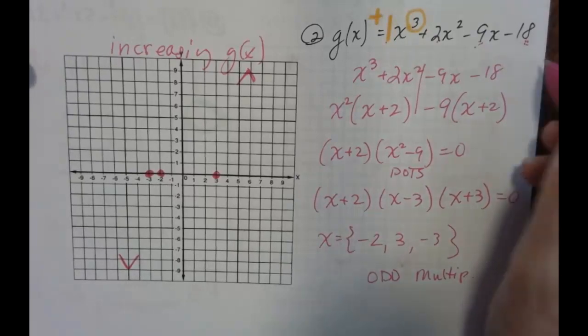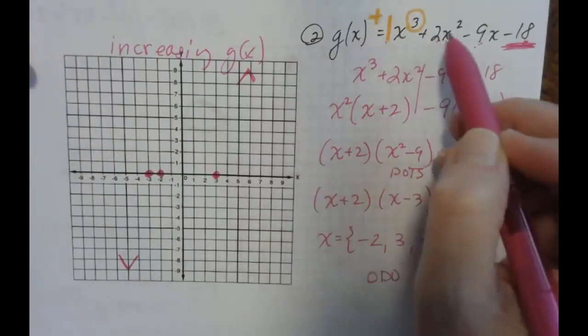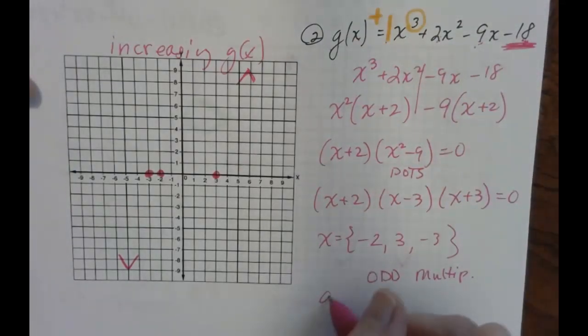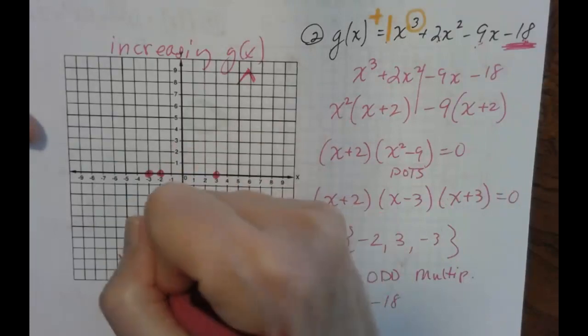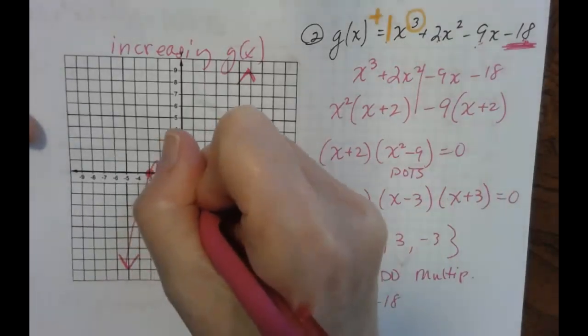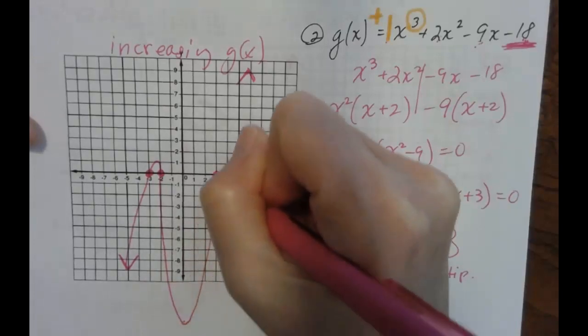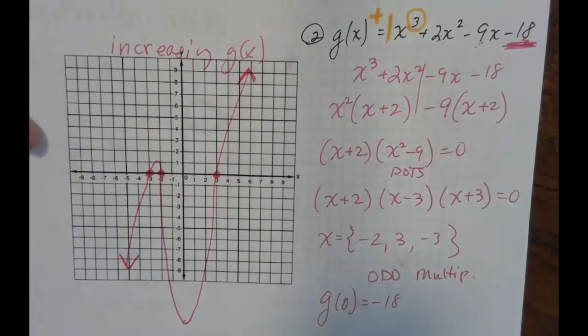Our y-intercept, remember, g of 0 would be 0 plus 0 minus 18. So our y-intercept, g of 0, is -18, which, you know, way down there. So passing, passing, way down low, and passing. The graph looks something like that.